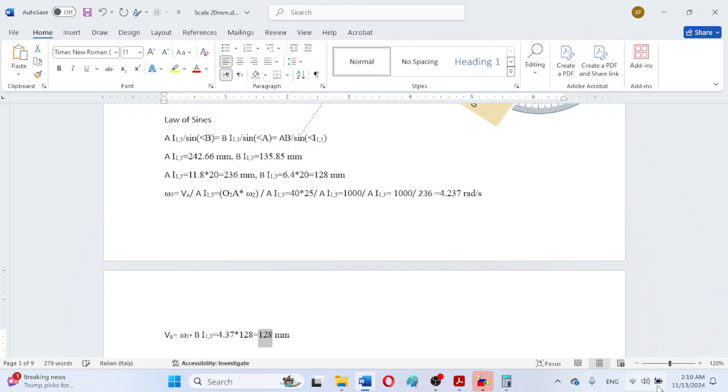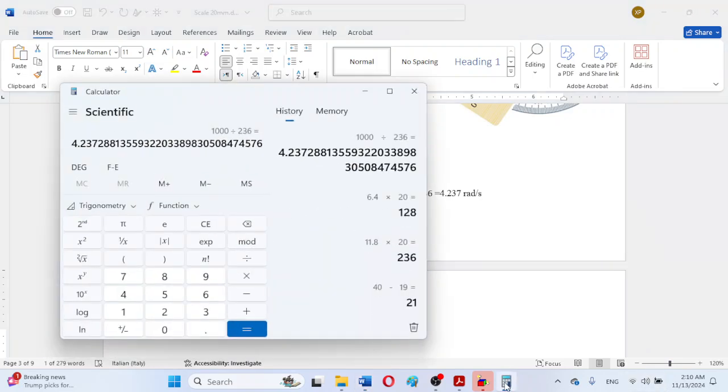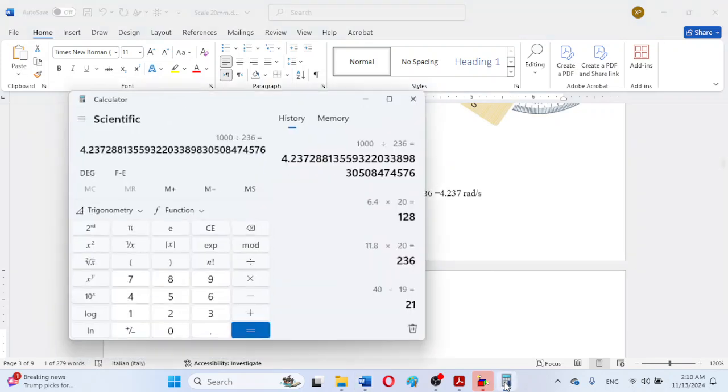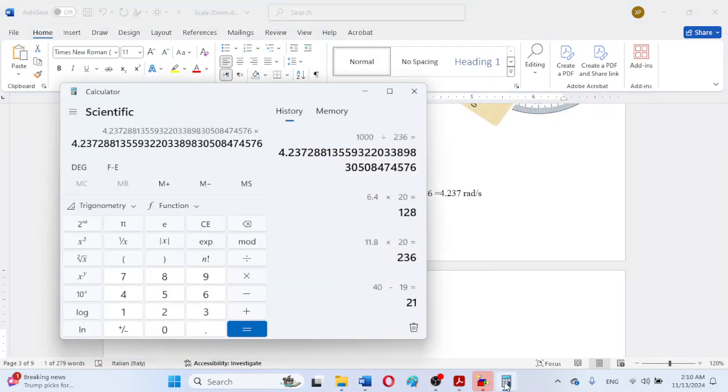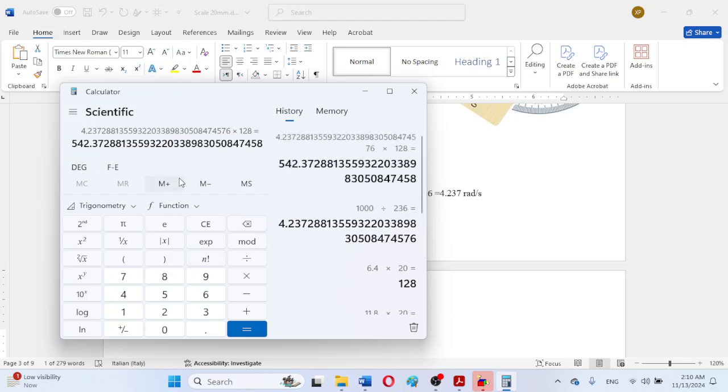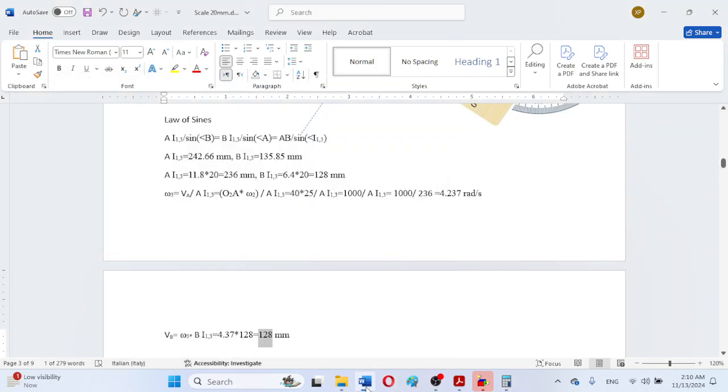So the result that can be calculated here, 4.37 multiplied by 128, the answer is 542.37 millimeter per second. So this is the velocity of VB.